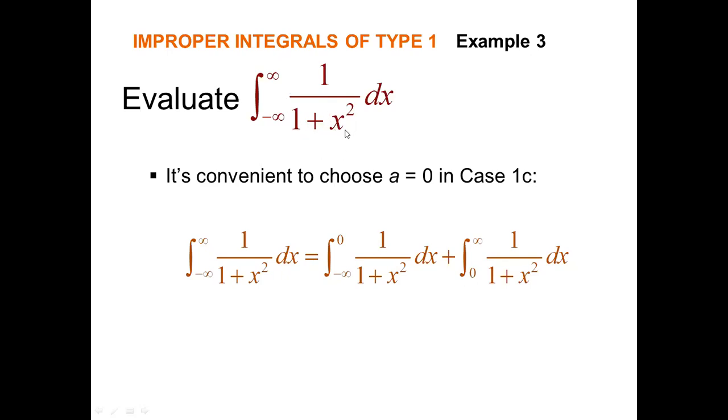Will it be asymptotic to 0? This one? 1 over 1 plus x squared. Asymptotic siya sa 0, ang function.